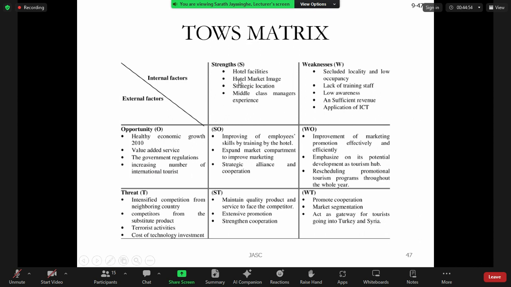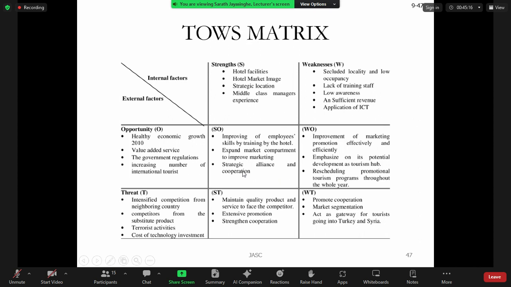By comparing this and this, we can develop some SO strategy: improving employees' skills by training by the hotel. Then expand market department to improve marketing, strategic alliances and cooperation.